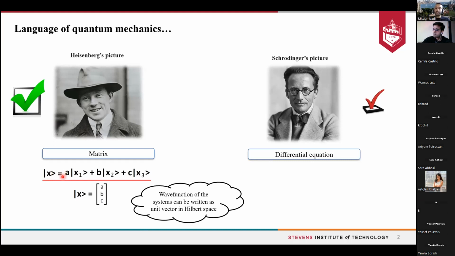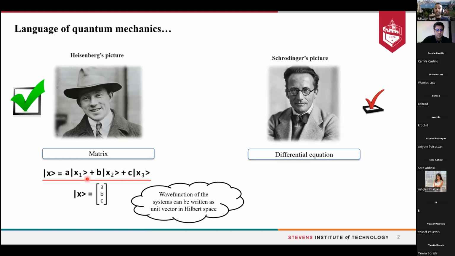And this wave function basically lives in a Hilbert space. It's a complex vector space. And to show that quantum state, you need some basis here, for example, x1, x2, and x3, which represent different possibilities of that quantum system. And you have coefficients a, b, and c here. These coefficients are related to probability.